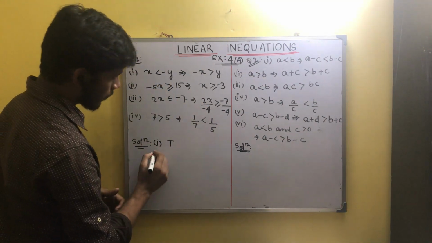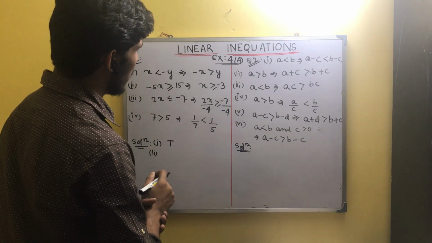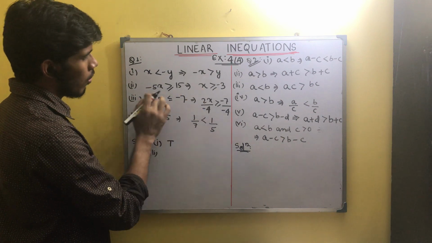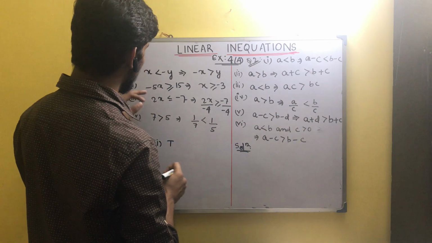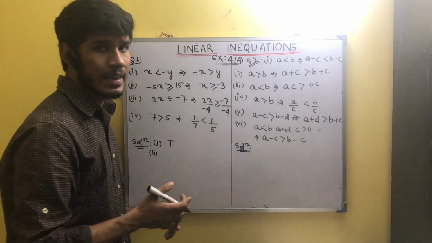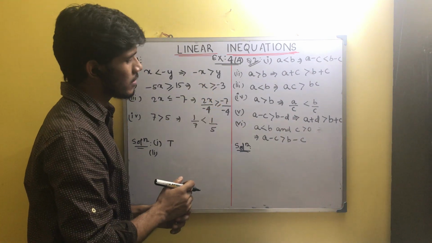So this is true. The next is minus 5x greater than or equal to 15, which implies x is greater than or equal to minus 3. Now if we divide, that is rule number 4, isn't it? If we divide both sides with the same negative number, the sign of inequality will reverse itself.